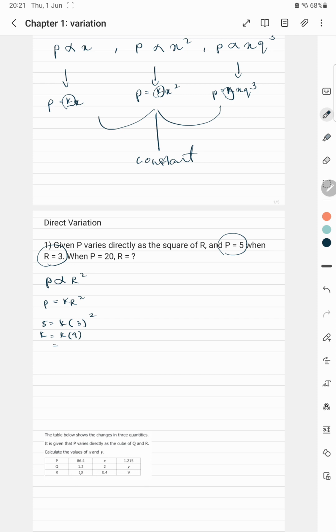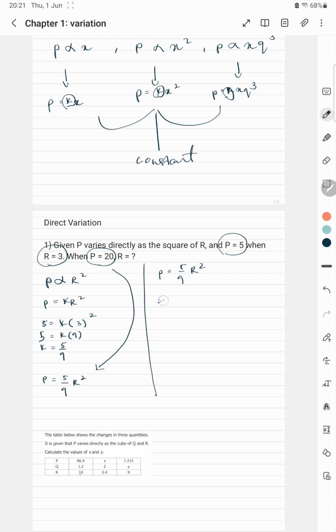So now we can get our k value. Then write it in a proper form: p equals 5 over 9 times r squared. Now we can find the value of r when p is given 20. What we do is take this formula and substitute.